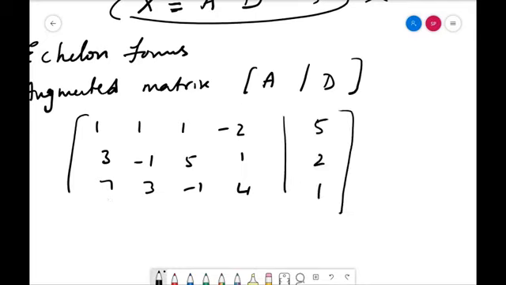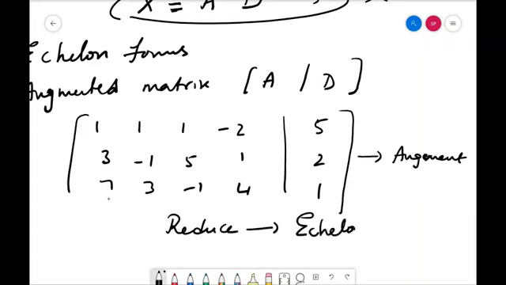This matrix I call an augmented matrix, and I will reduce this to another form which is called echelon form, and then I'll give a solution for the system of equations. So that we will see in the next lesson. Thank you.